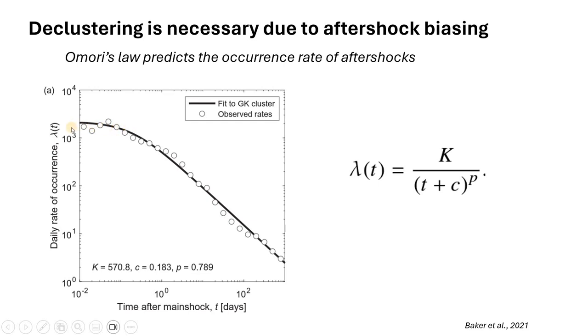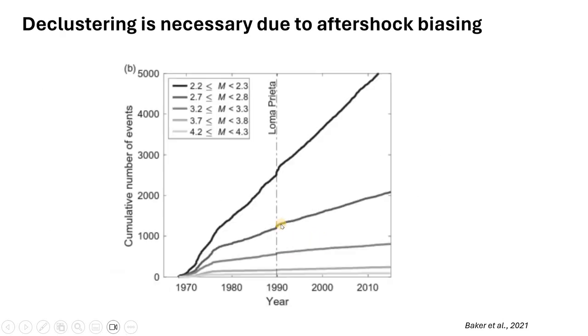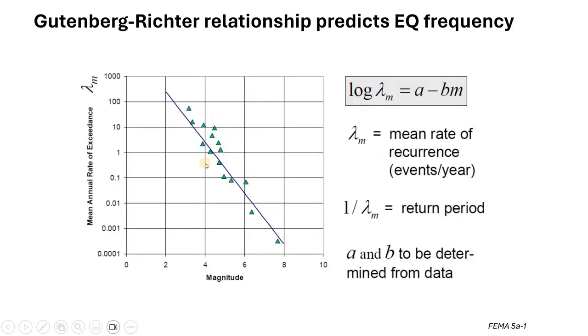So what you can see is maybe in the first 12 hours or so, the aftershocks are going pretty steady, and then they start to taper off following this functional form. And so what we can do is fit these parameters, K, C, and P, and then use that to identify the expected rate of aftershocks after a big event like Loma Prieta, and remove them from the catalog so that it's not biasing our Gutenberg-Richter plot.